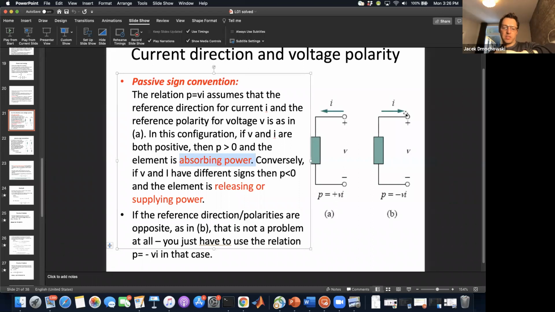We're going to do some examples in just a few slides that will hammer these concepts home. If you want, you can just memorize the rule, which is that if the product of V and I is positive, we say power is absorbed, and if the product of V and I is negative, we say that the power is supplied.